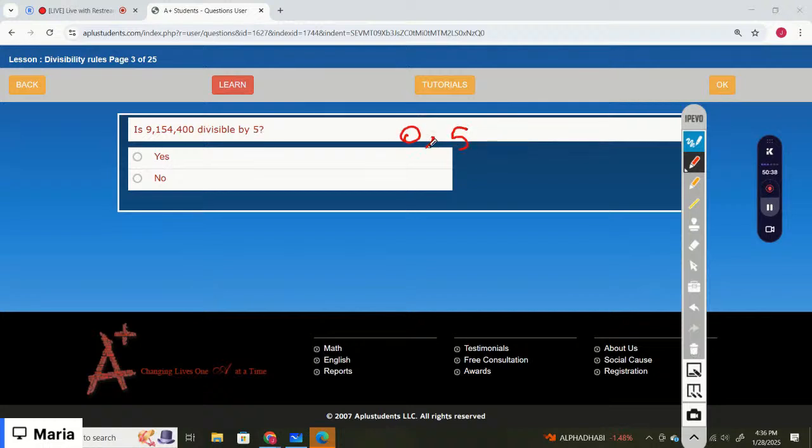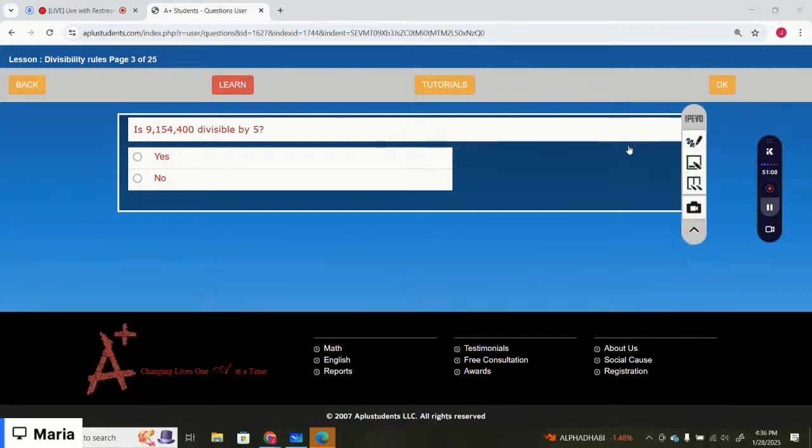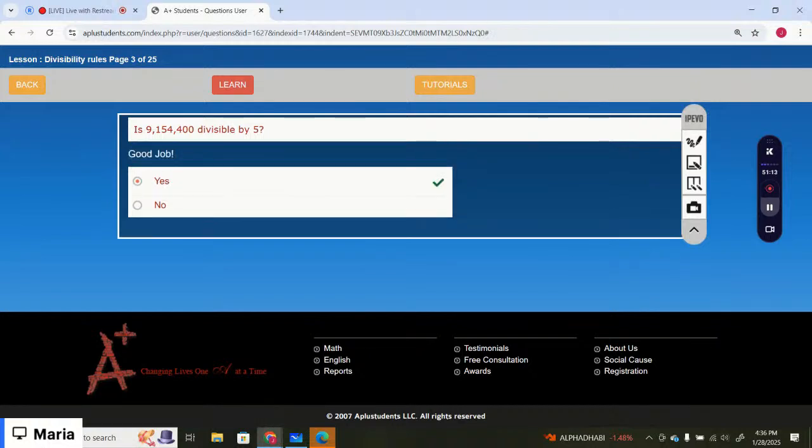If the ones digit is 0 or 5, that means the number is divisible by 5. So here the ones digit is 0. Option number 1 is the correct option. The ones digit is 0, that means the number is divisible by 5.